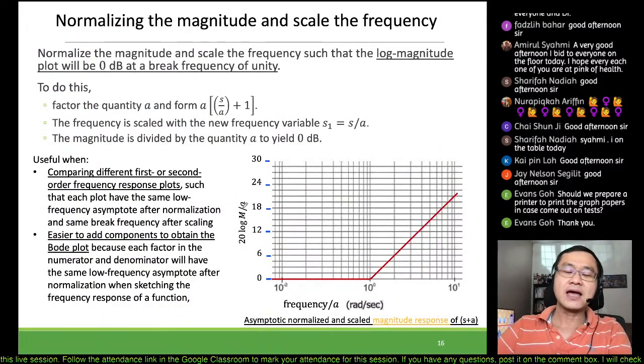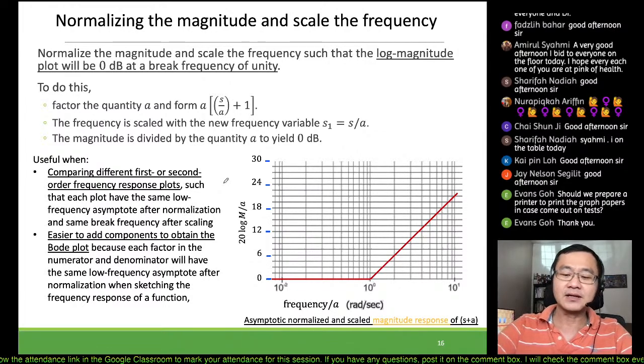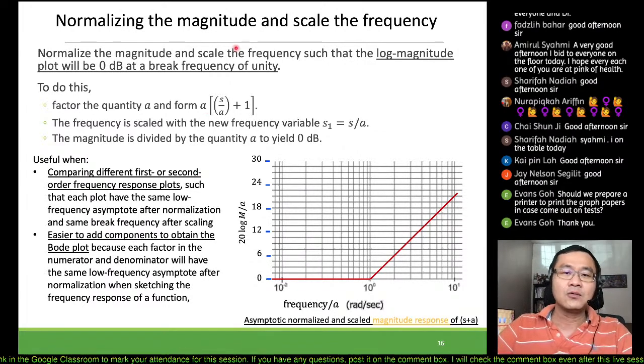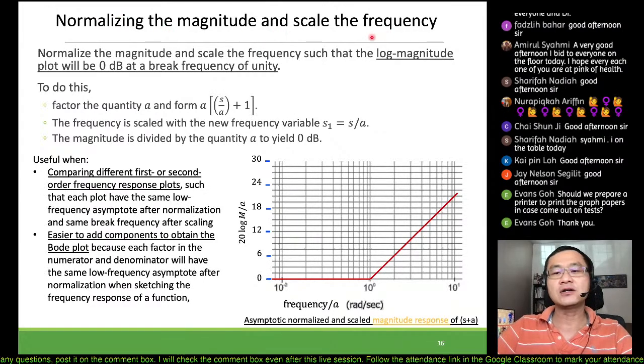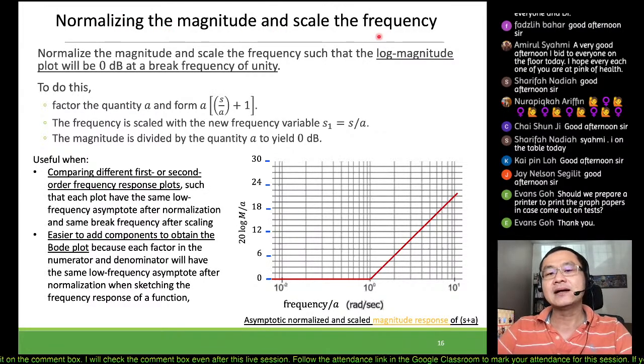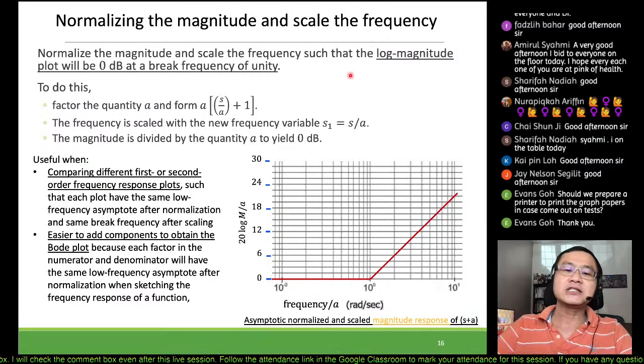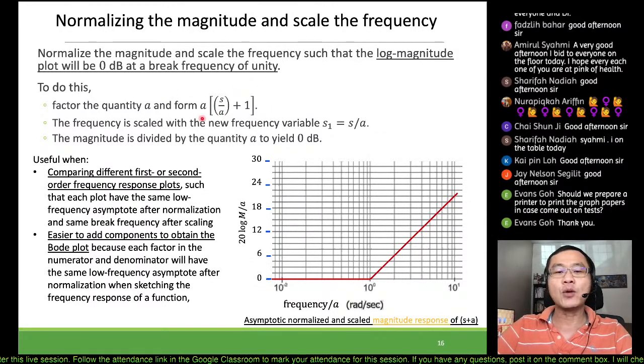Once we have that idea, what we also want to do is normalize them. We normalize the magnitude and scale the frequency. Why we want to do this is because this form is called a normalized form.